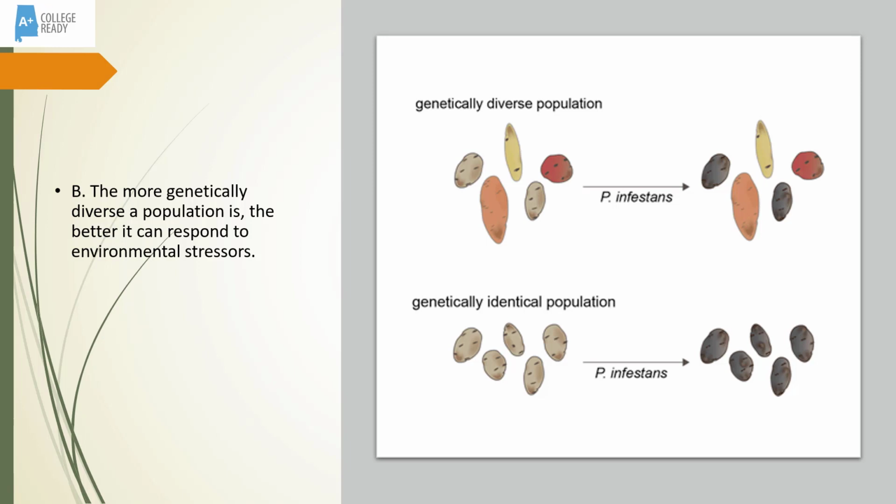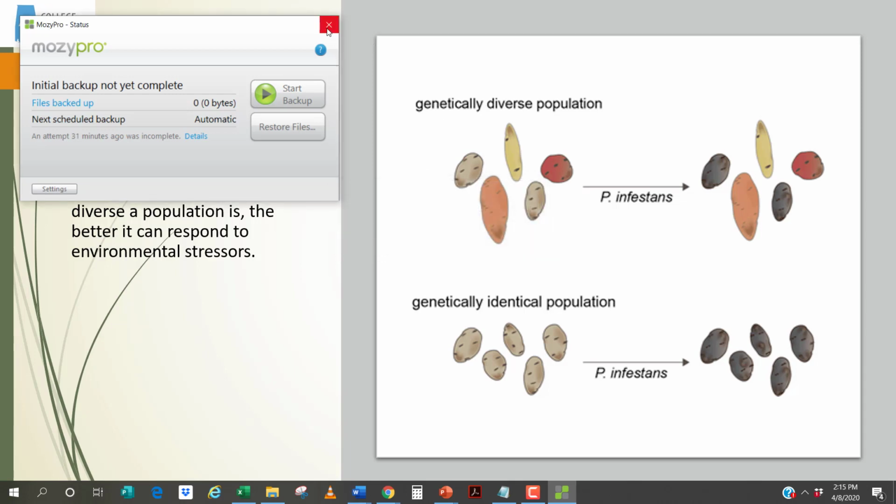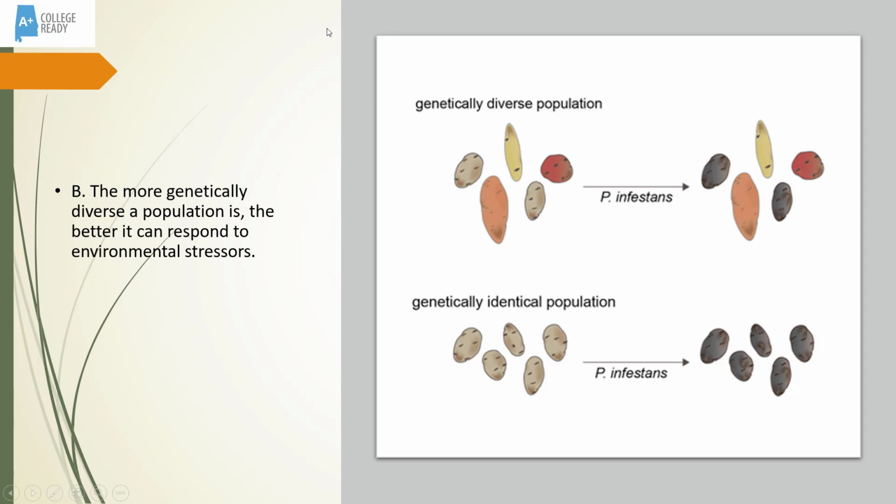This always makes me think of the potato famine, where it wasn't so much genetic as it was that they had so much of their diet based on one thing that when that one thing was in trouble, it became a problem. But it's a similar example.